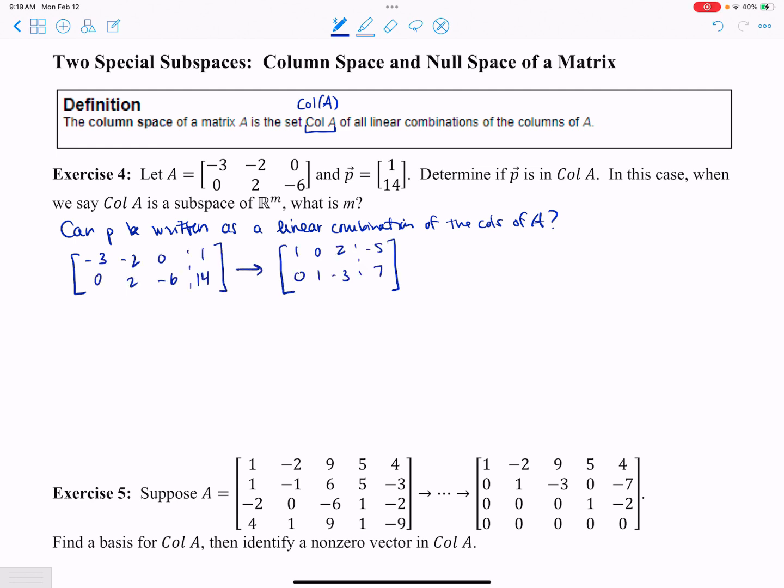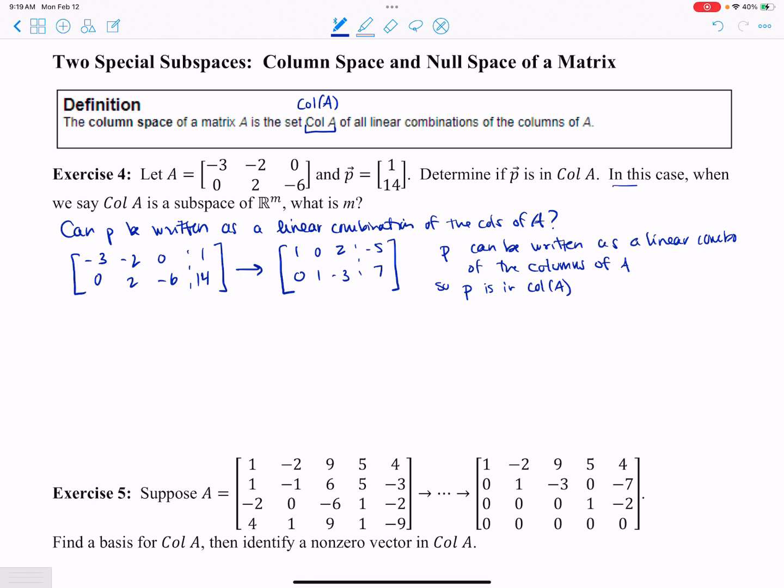To answer the question, can P be written as a linear combination, I see that this system has a solution, which means P can be written as a linear combination of the columns of A. So P is in the column space of A.